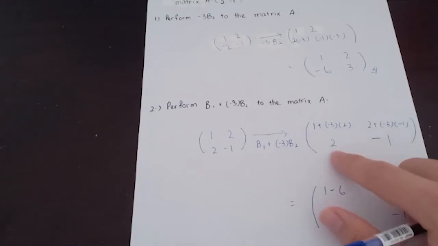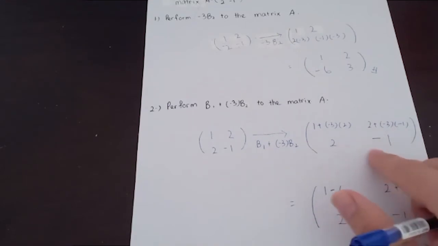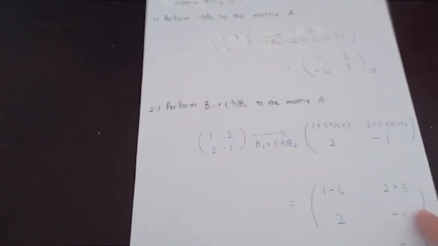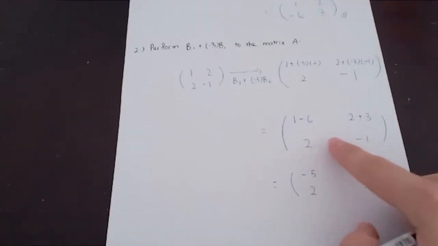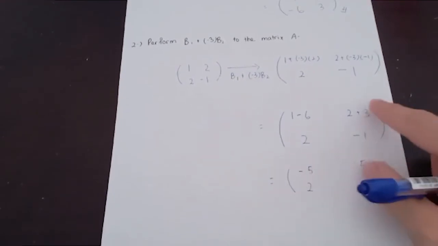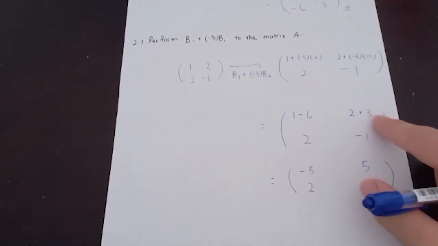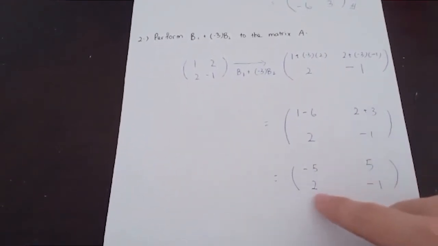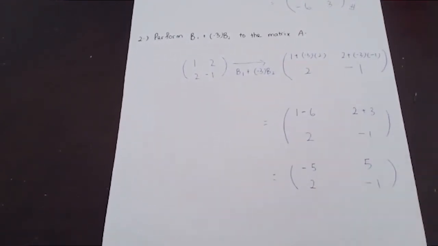The element in the second row will remain the same, which are 2 and negative 1. Then we get answer 1 minus 6, negative 5, 2 plus 3, 5. Second row remains the same, which are 2 and negative 1.